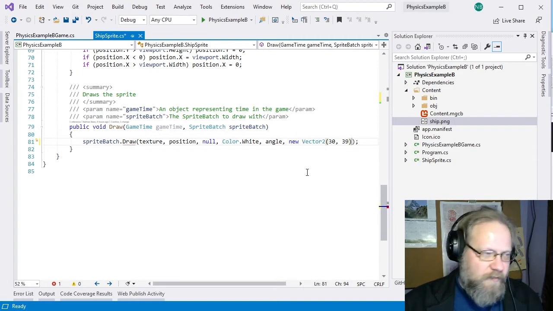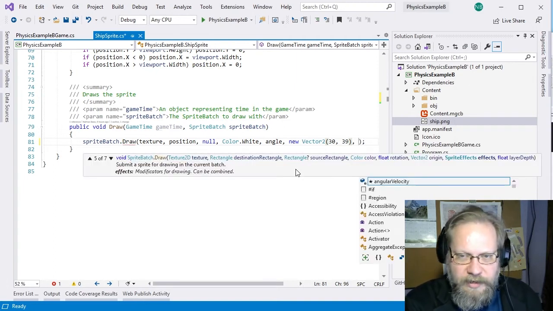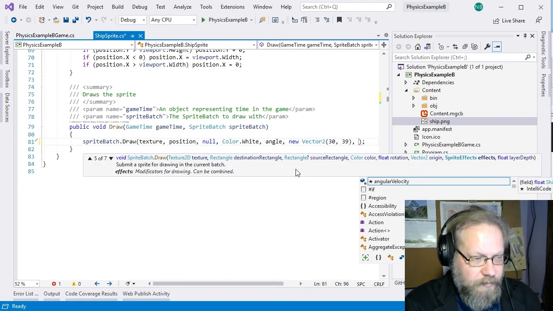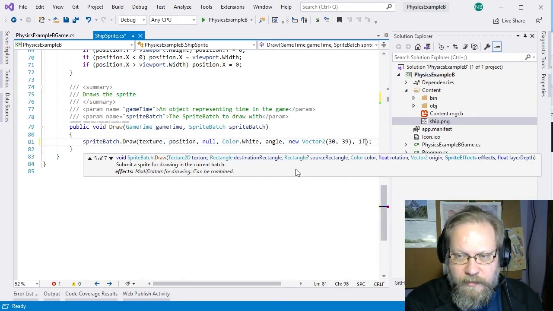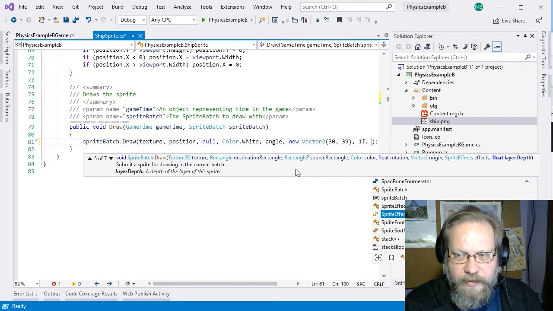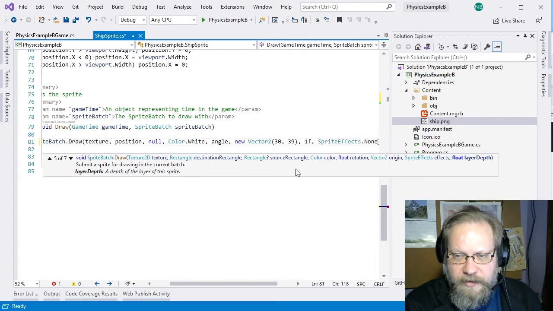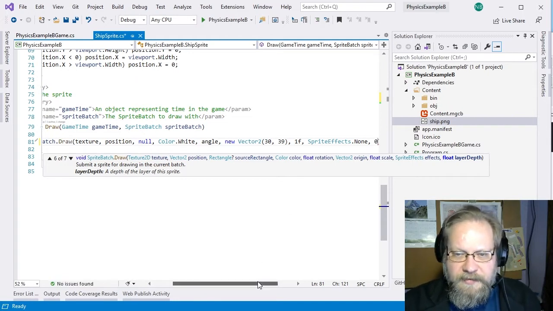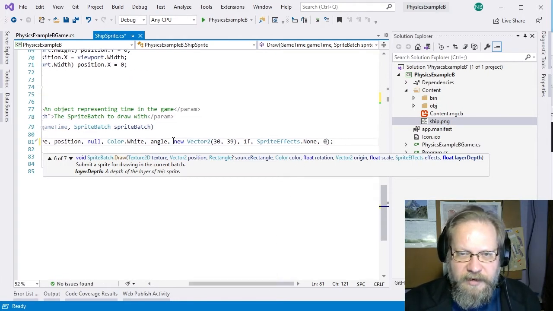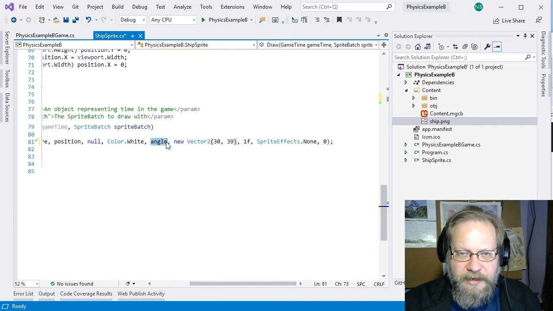We could also push it forward some. Then we need the scaling value, which is going to be 1f, and then we need our sprite effects. We're not going to do anything with sprite effects, so SpriteEffects.None, and a layer depth of 0. So basically the defaults for everything except for this origin vector and the angle.